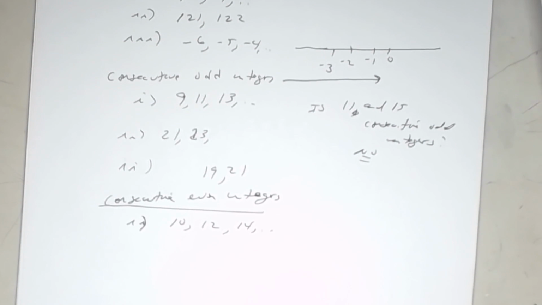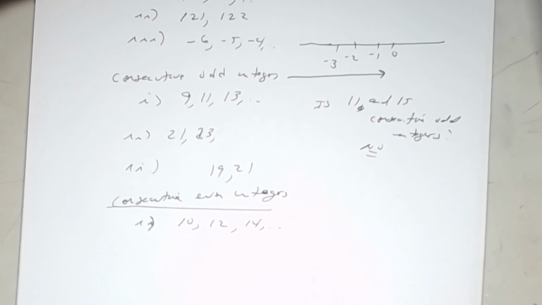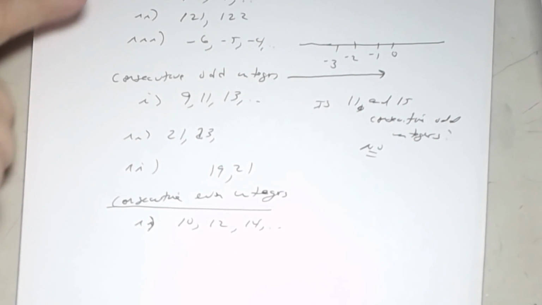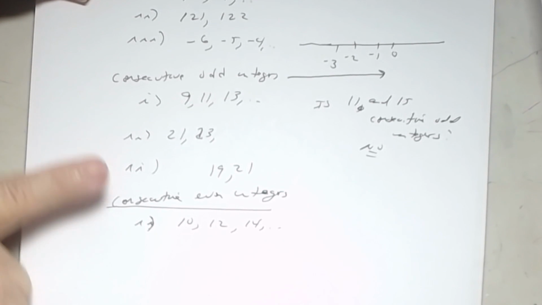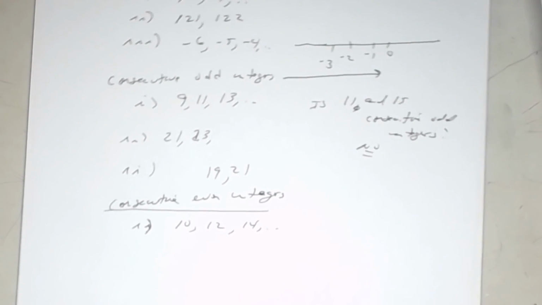All right, so any questions on what consecutive means? Now, when we get to section 9.4, you've got to remember these ideas. What do we mean by consecutive integers? Consecutive odd integers? Consecutive even integers? That's going to come back in a couple more sections.